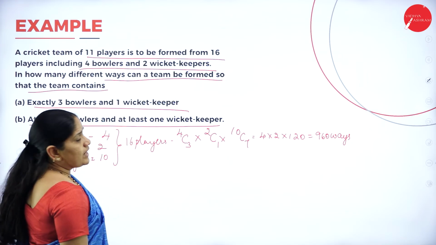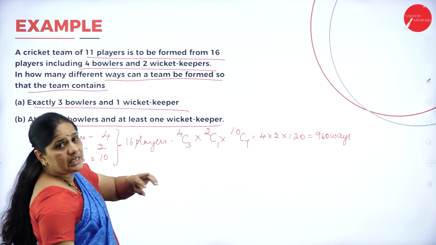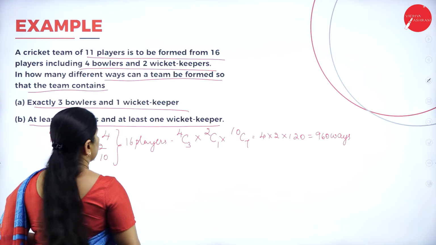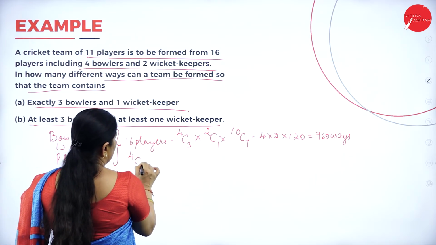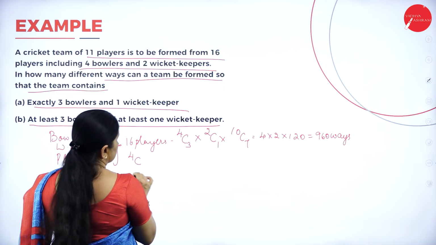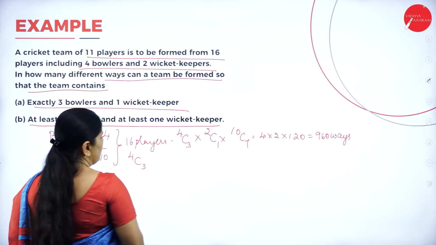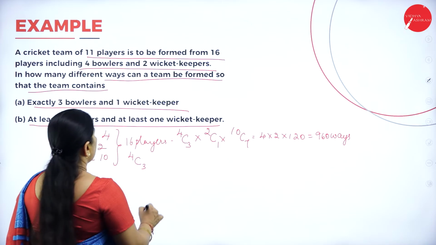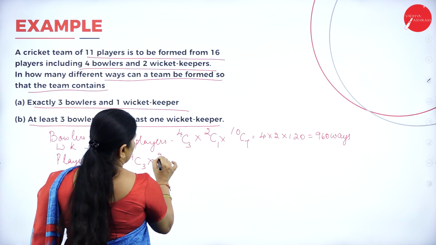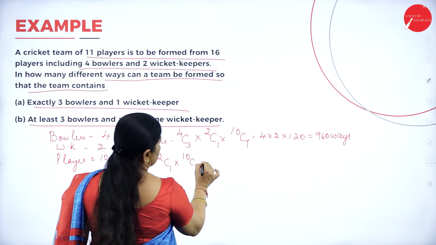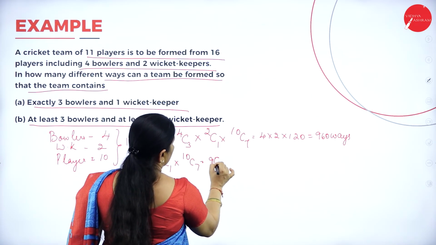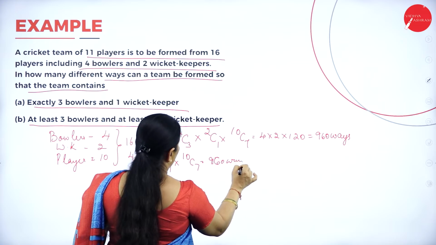Now, next they have asked at least 3 bowlers and at least 1 wicket keeper. So, out of 4 bowlers, they are telling at least 3 bowlers. So, 4C3 into 2C1 into 10C7. Again, it will come up to 960 ways.